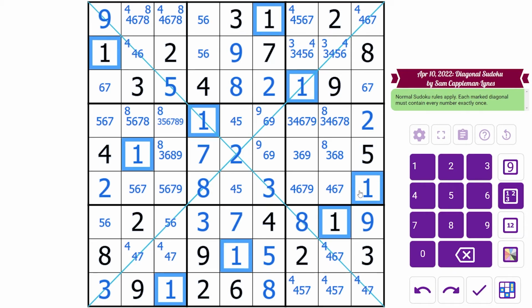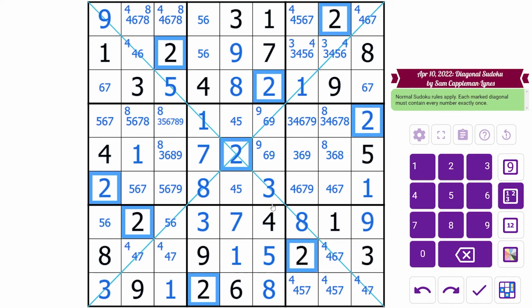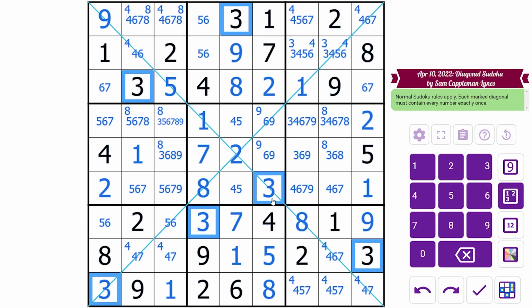Let's go through the numbers. We've got all our 1s. We have all our 2s. Our 3s are not fully resolved. 3 in this box is in one of 2 positions.